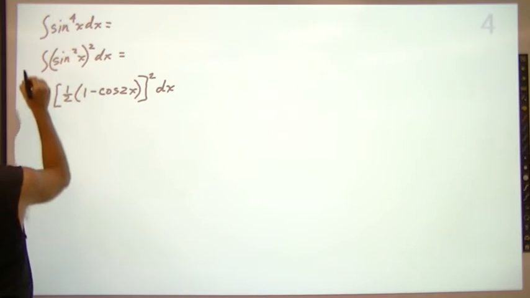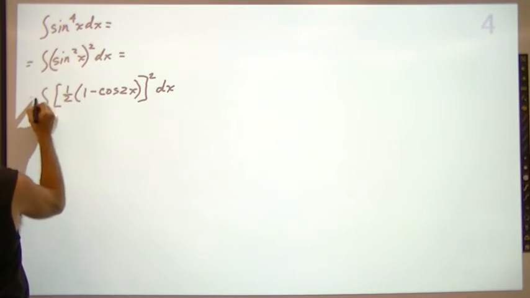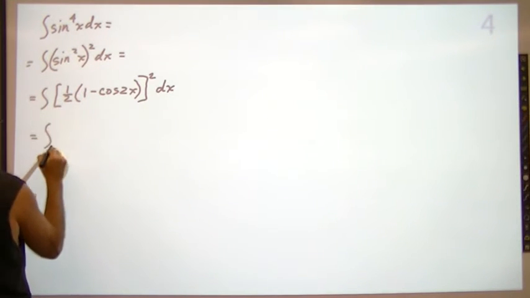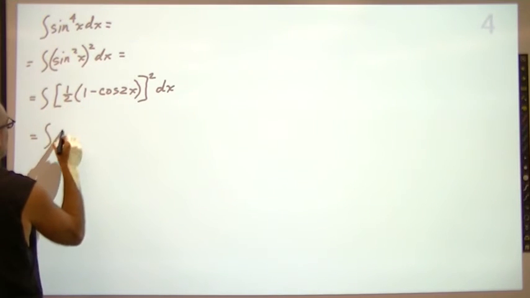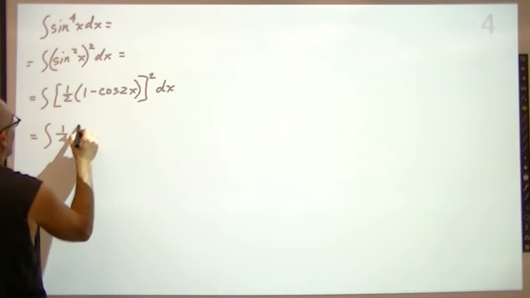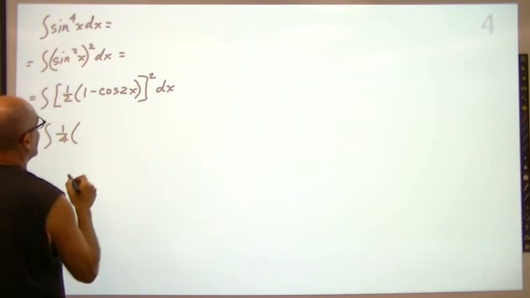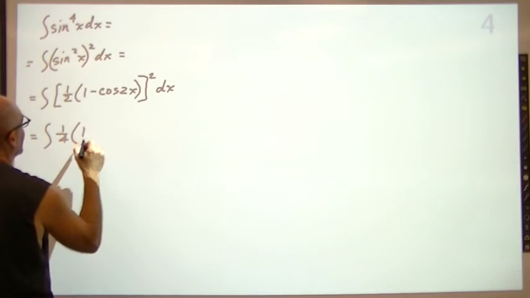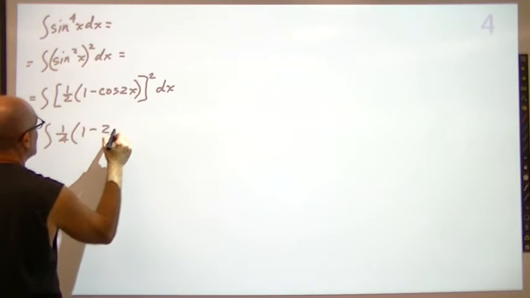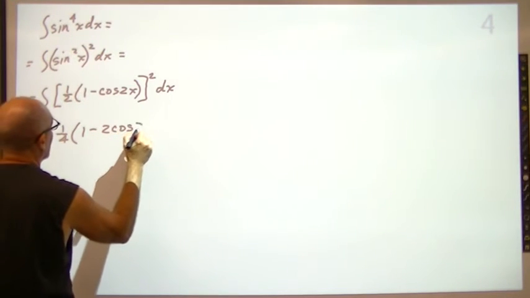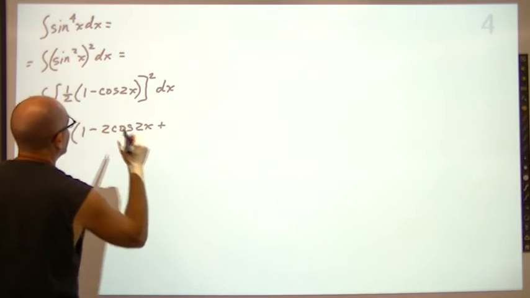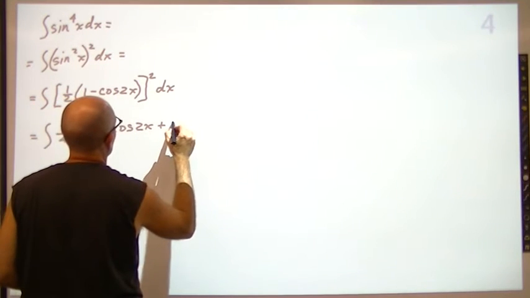So I have the integral of 1/2 squared, which is 1/4, times, now, this becomes a minus b quantity squared, so it's a squared minus 2ab plus b squared.